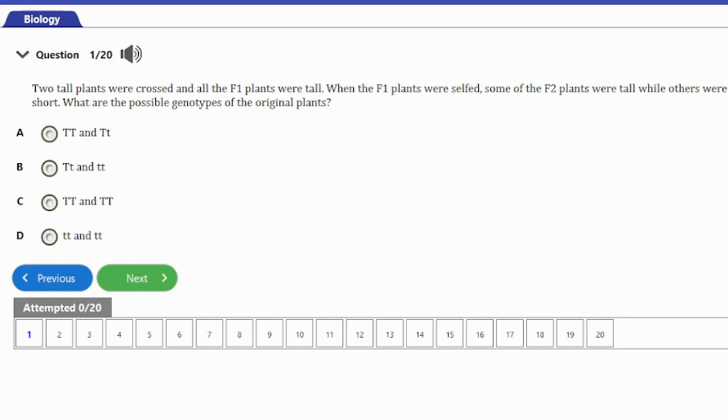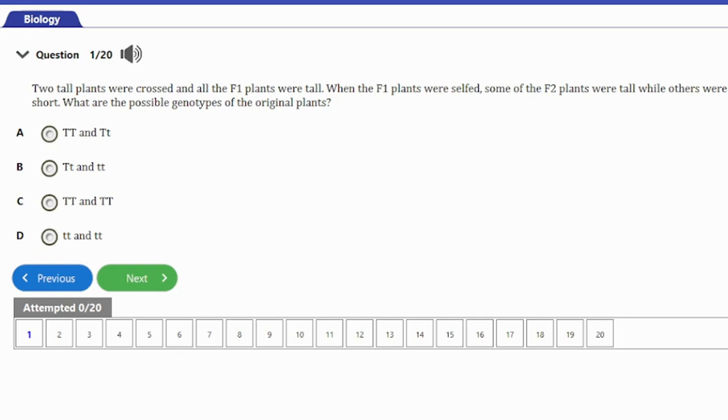That's capital T, capital T, capital T, small t. Then B, we have capital T, small t, that's heterozygous tall, and then small t, that's homozygous short. Then we have C, capital T, and then capital T, capital T. Then D, small t, and small t.